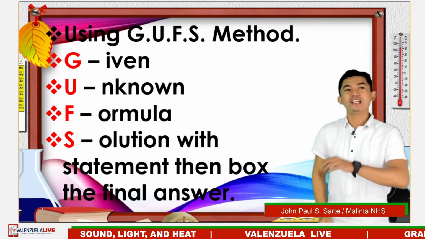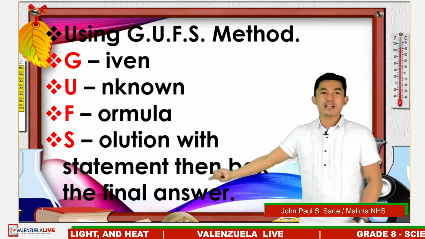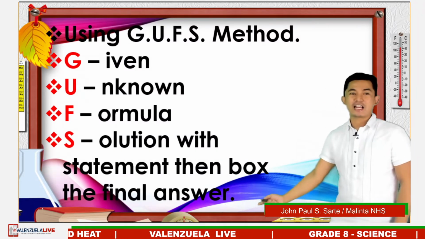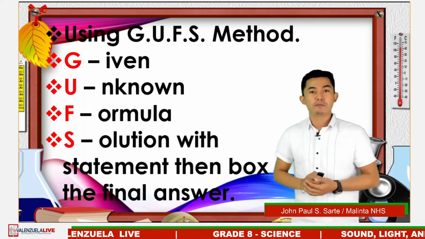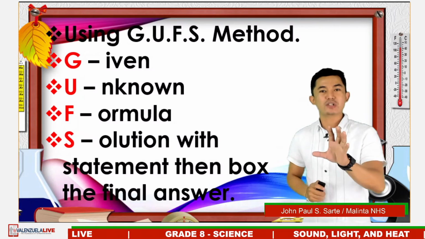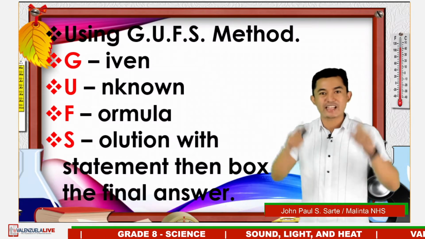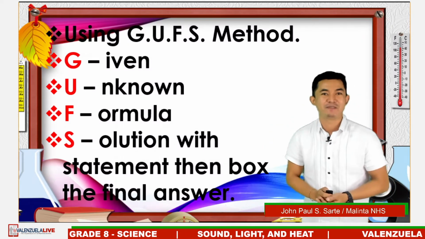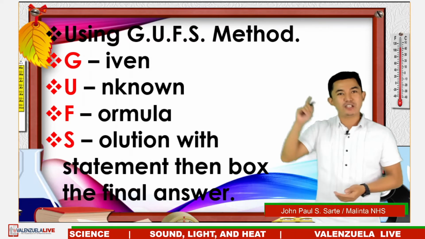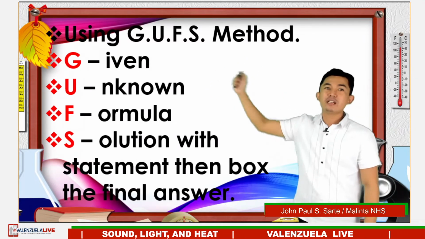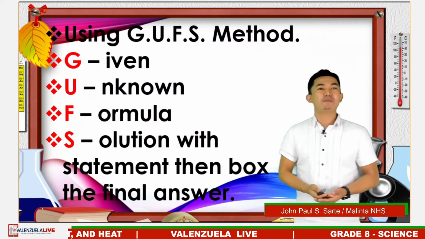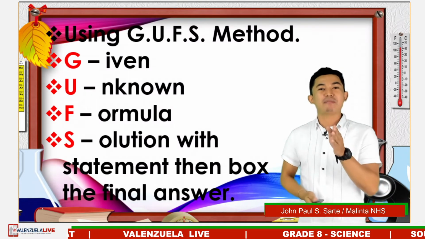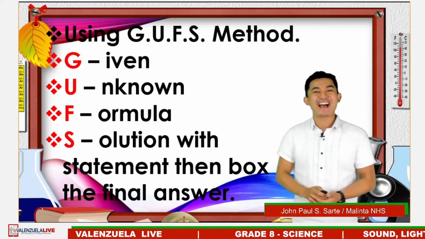Now, I added here a statement, then box the final answer. Sir, why did you add that? Because it is good to answer if your answers are all complete. And then box the final answer. So do not forget the use of GAPS method. Given, unknown, formula, solution, and also the statement, and then box the final answer.